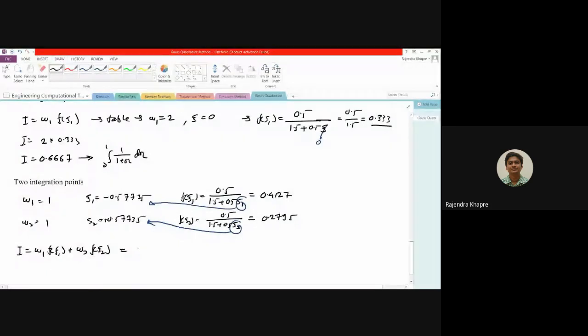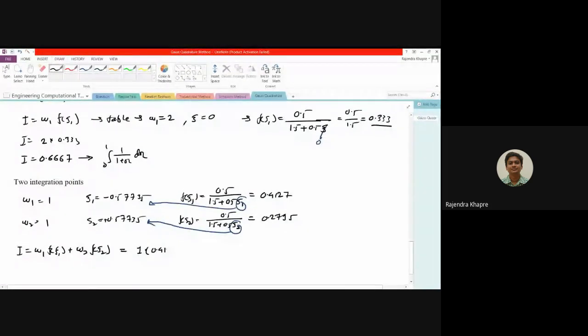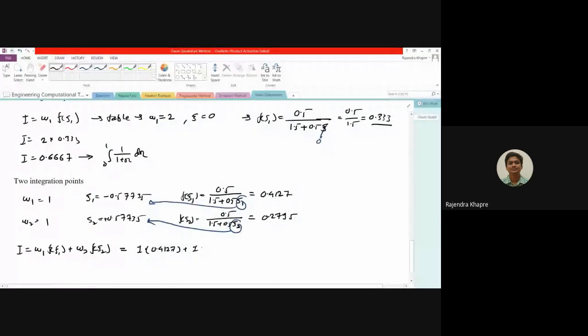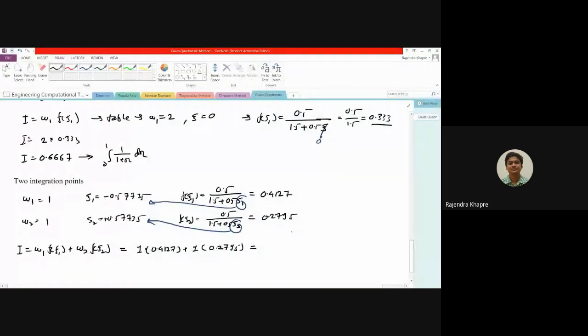Okay, so w1 is 1 multiplied by 0.4127 plus w2 is 1 multiplied by 0.2795. How much is this? 0.6922. Okay, if you refer to the previous note, what was the solution?